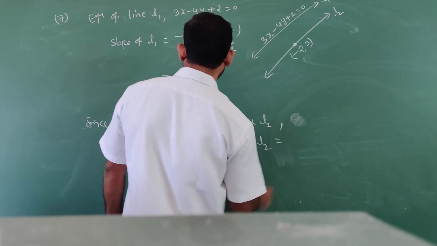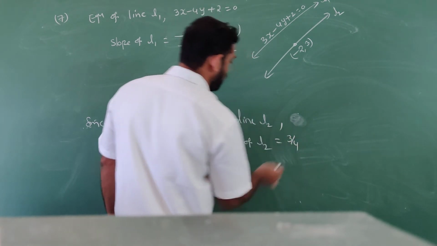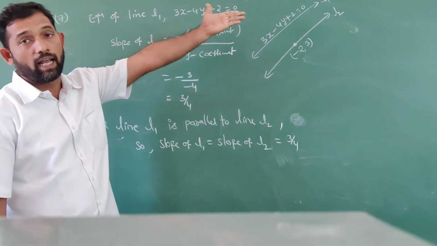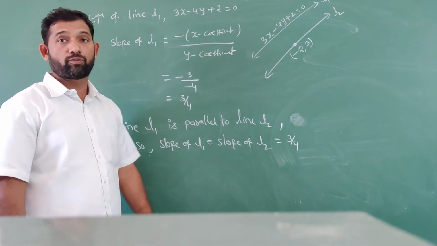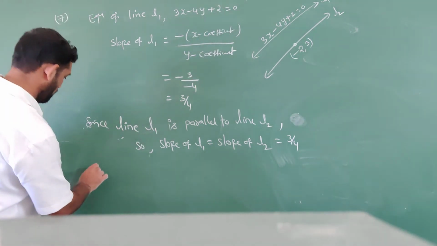So what is L2? L1 slope is 3 by 4. Now the slope we know already, and it is passing through the point minus 2 comma 3.